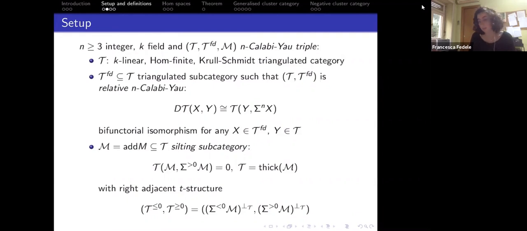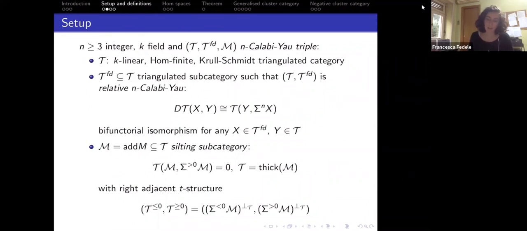A silting subcategory is one where Hom_T(M, any positive shift of M) is 0. That would be pre-silting. And then we also assume that T is thick(M), the smallest triangulated subcategory that contains M and is closed under direct summands.